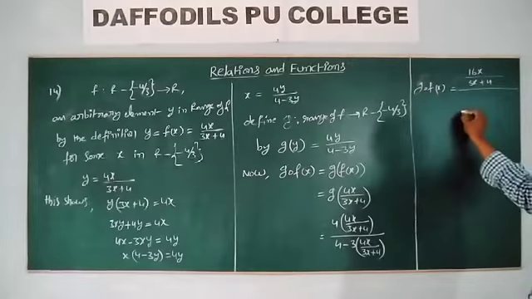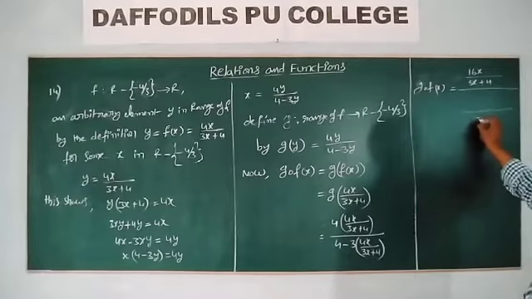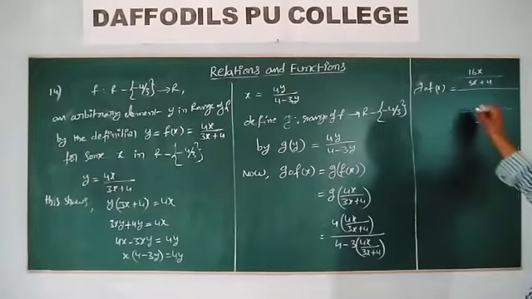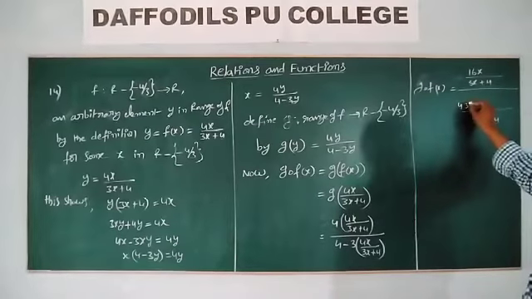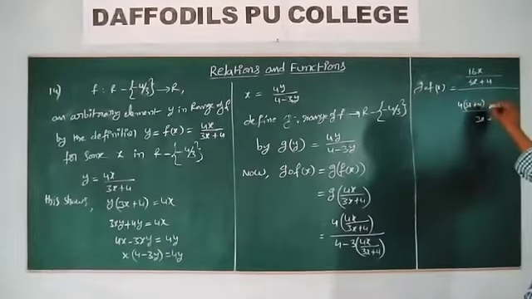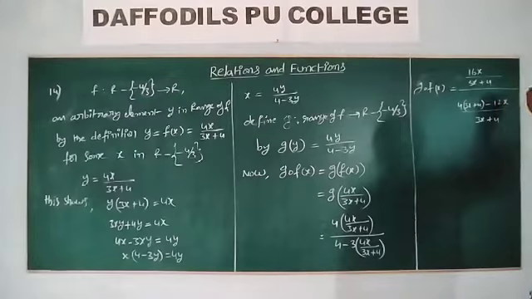Here also take the LCM, 3x plus 4. The numerator is 4 of 4x, and the denominator is 4 of 3x plus 4 minus 12x.